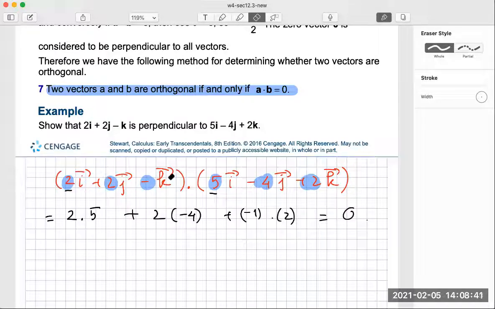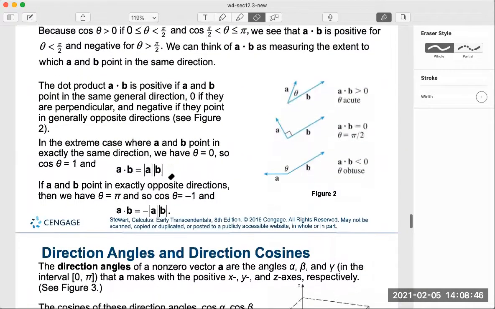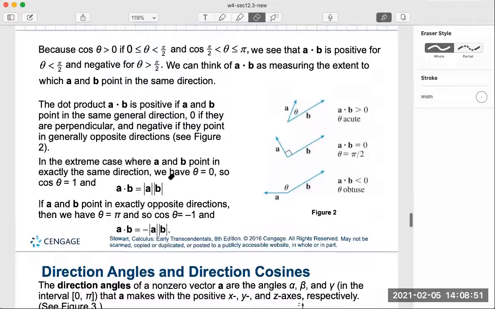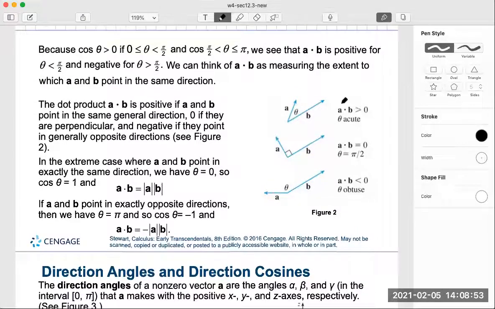Are we good? Good job. These are not very difficult, but let's go quickly. Because of the nature of the angle, if the angle is between 0 and pi over 2, then A and B will be pointing in a similar general direction, right? If they're perpendicular, then the dot product will be 0. If the angle between A and B is obtuse, it means that these two vectors are pointing in the opposite direction in general.